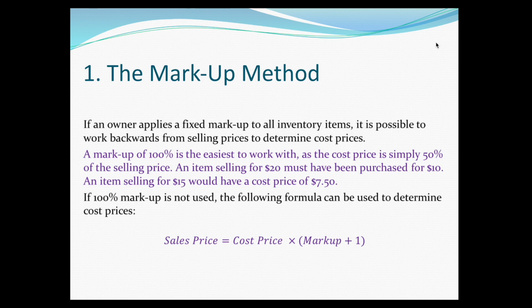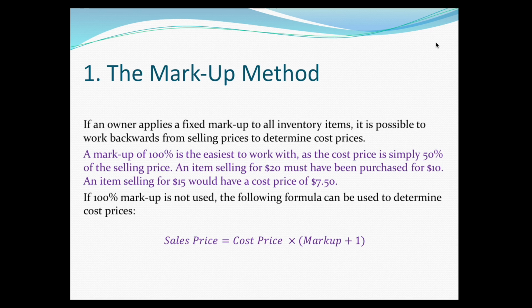An item selling for $20 must have been purchased for $10, because you're adding 100% of 10 to get 20. An item selling for $15 would have been purchased for $7.50, because again you're calculating 100% of $7.50 and adding it on.